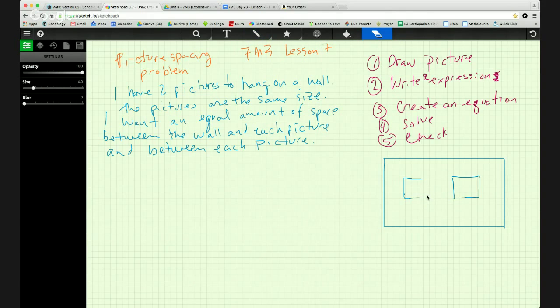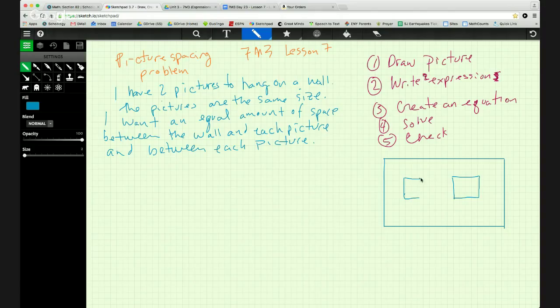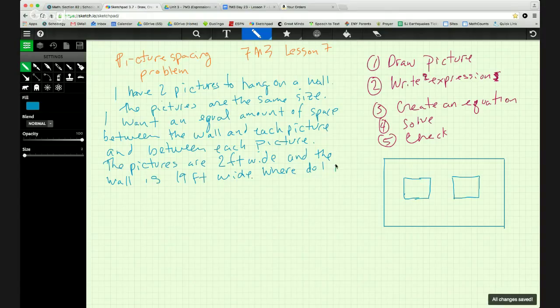We've got to make the pictures the same size, so the idea is that these pictures are the same width, and we'll say the pictures are 2 feet wide, and the wall is 19 feet wide. Question is where do I put the pictures?